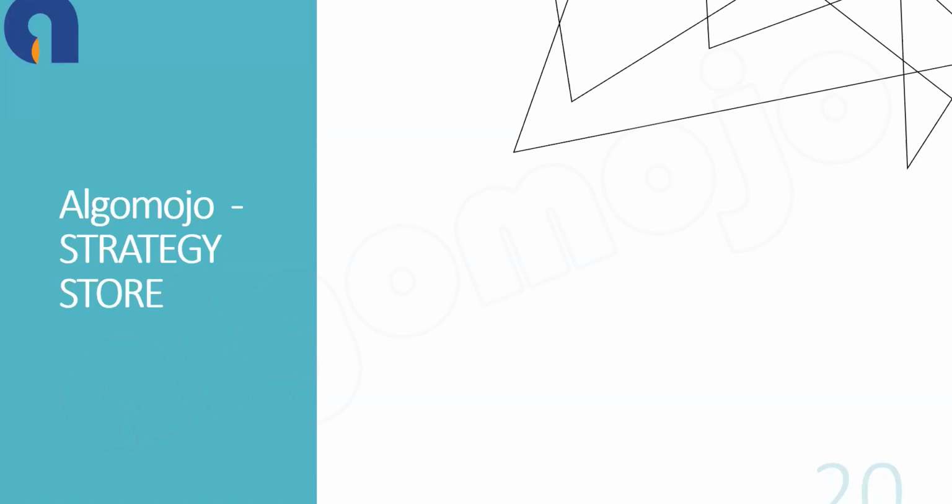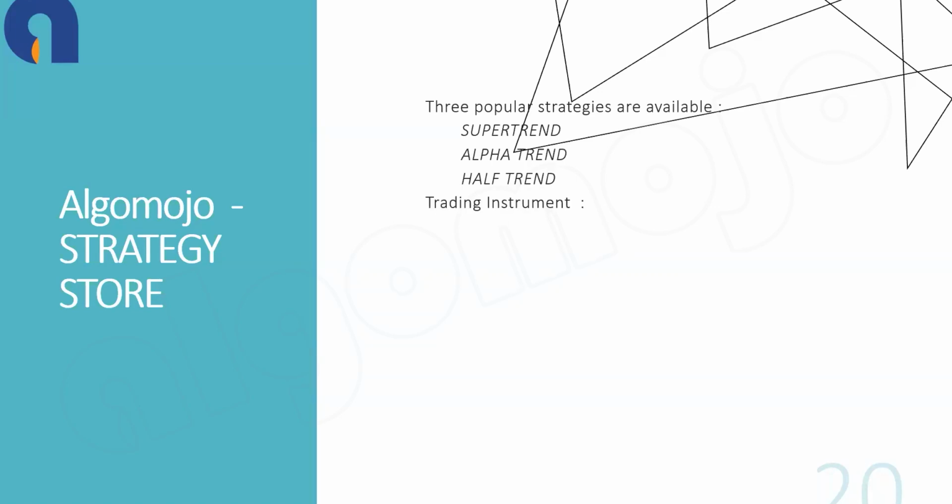You can select these strategies from our strategy store, and there are three popular strategies available for people to trade: Super Trend, Half Trend, and Alpha Trend. The instruments that you can trade are Nifty and Bank Nifty, and the time frames available are 1 minute, 5 minute, and 15 minute.